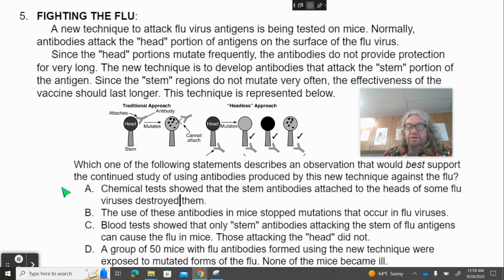B. The use of these antibodies in mice stopped mutations that occur in flu viruses. C. Blood tests showed that only stem antibodies attacking the stem of flu antigens can cause flu in mice. Those attacking the head did not. Or D. A group of 50 mice with flu antibodies formed using the new technique were exposed to mutated forms of the flu. None of the mice became ill.